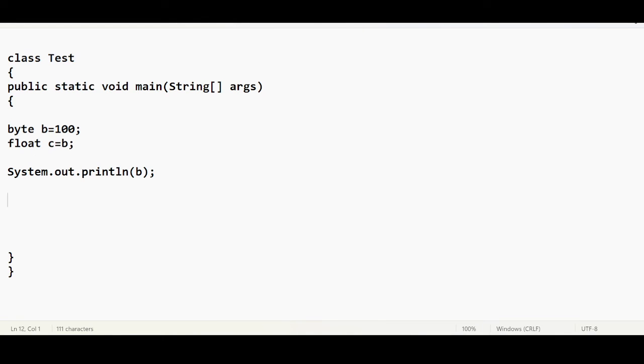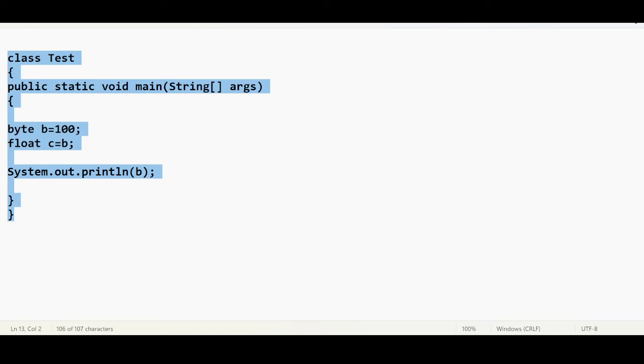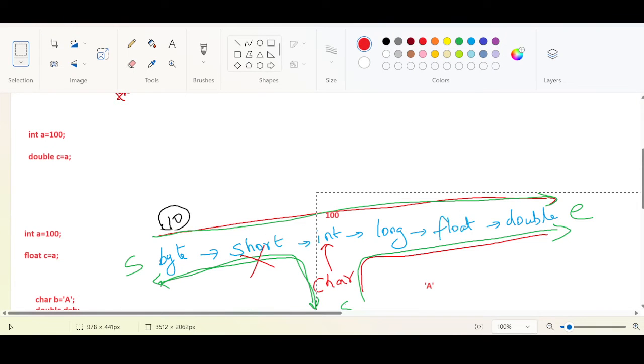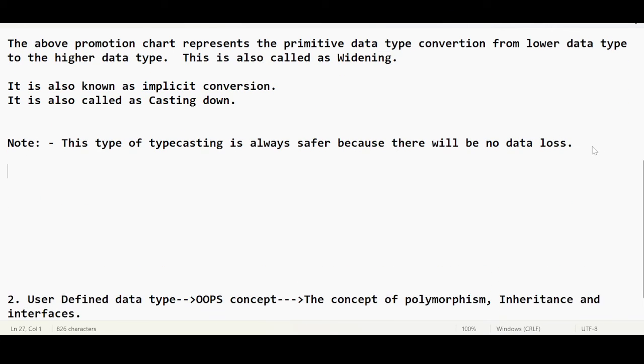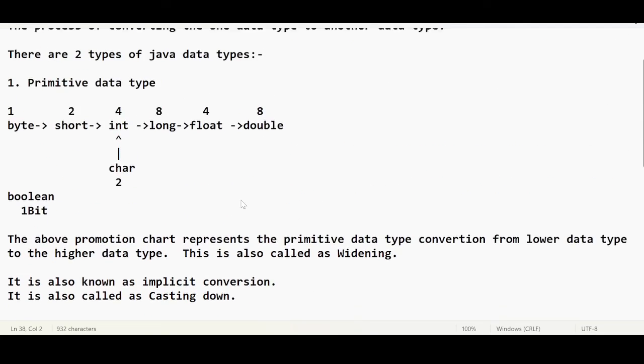Hope it is making sense. This is talking about the safety of the value. The value will never get manipulated. The same value is going to be there forever for all the typecasting. Okay, this point is done.